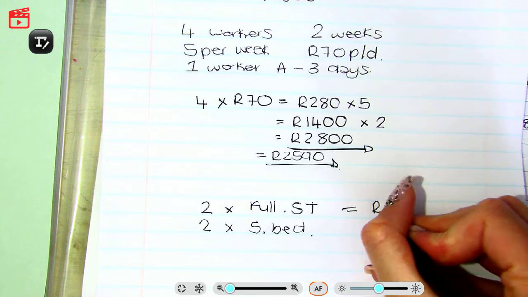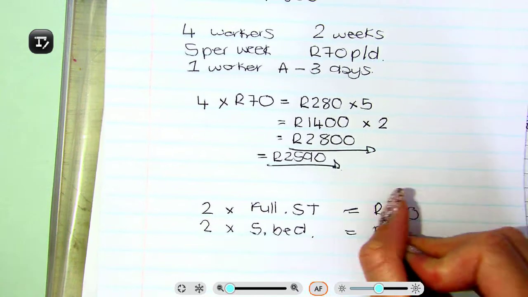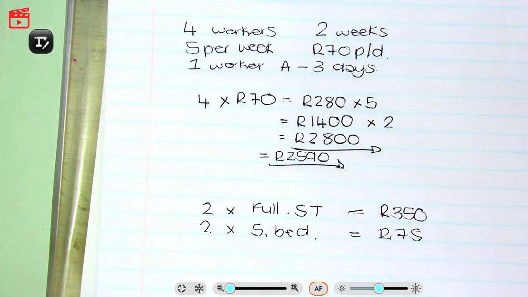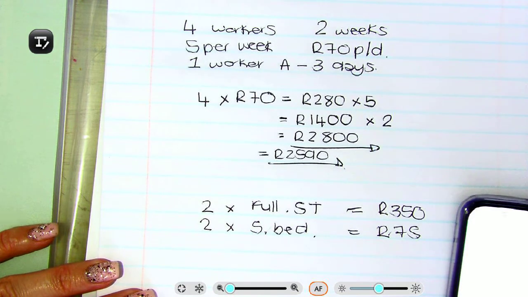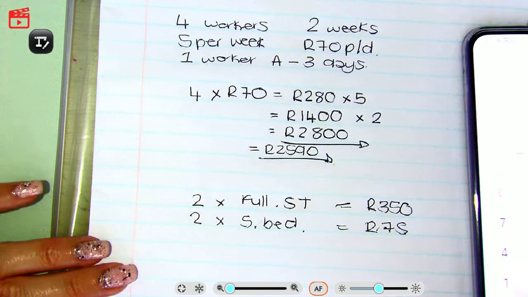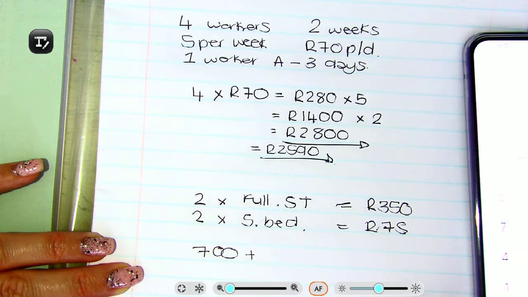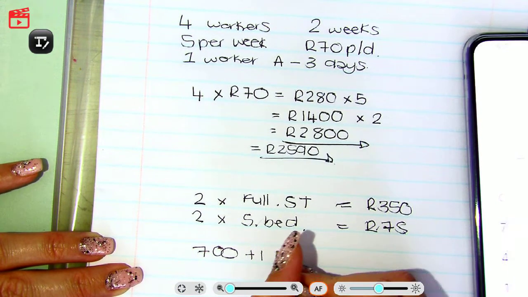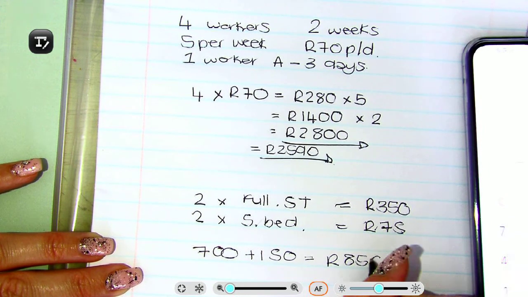And then sunbed sessions are 75 Rand per hour. So once again, we're going to have to do a little calculation here. We are going to have to say 350 times 2, which is going to give me 700. 700 plus 75 times 2, which is going to give me 150. So the total amount that she drew is 850 Rand.